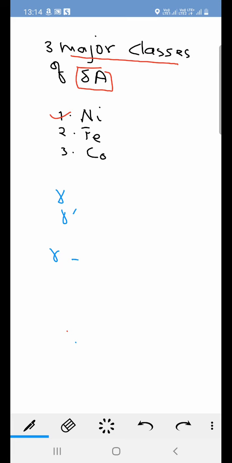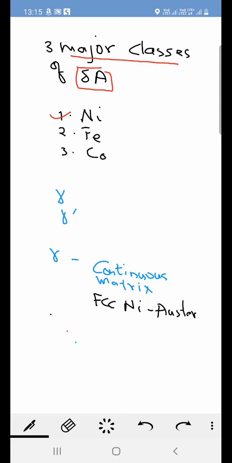In it, an FCC nickel-based austenitic phase is present, and it contains to some extent cobalt, chromium, molybdenum and tungsten.